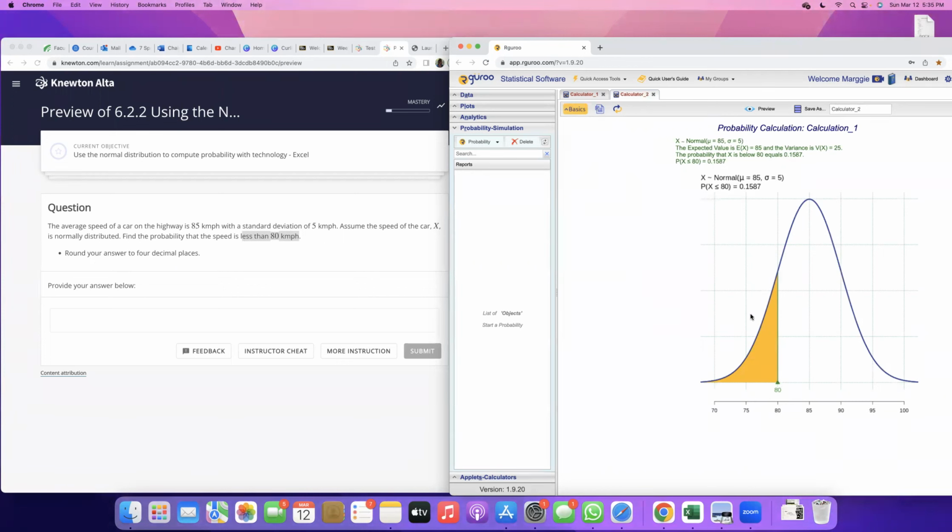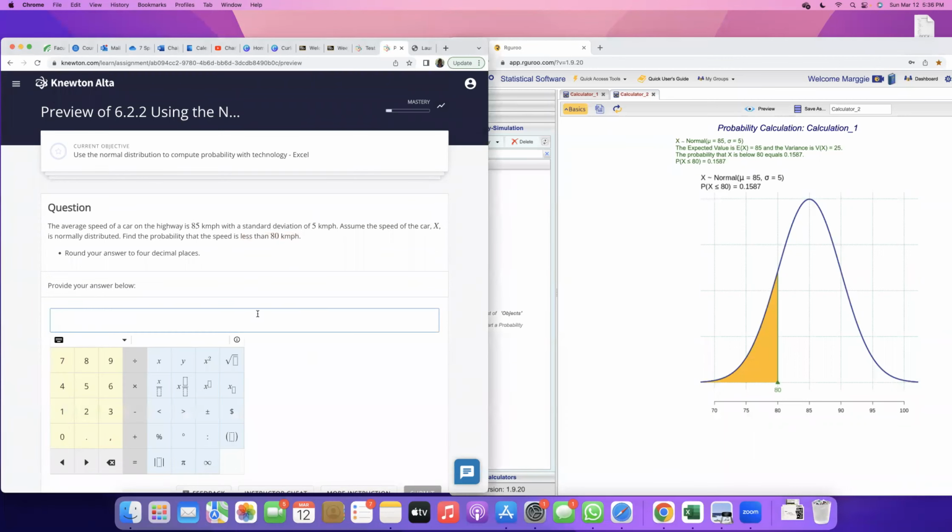And because it's less than, it's telling me to go to the left. So if I go to the left of 80, I shade the yellow region. What I'm trying to find is the area underneath the curve to the left of 80. That is your probability. Probability means area underneath the curve.